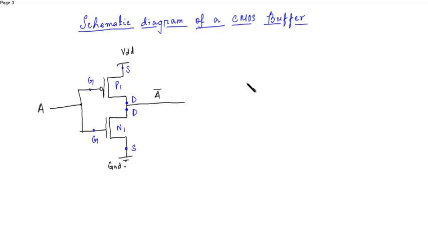Over here you have to draw the schematic of another inverter. This is the PMOS, this is the NMOS, this is P2, N2.